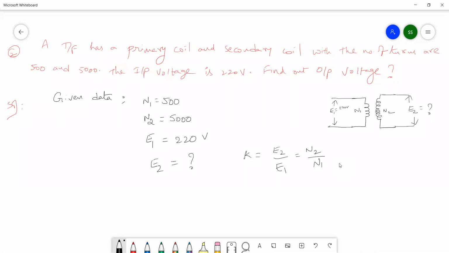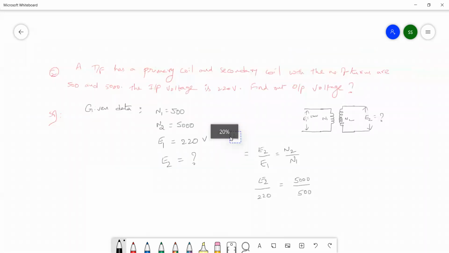What is E2? We don't know. E1 value 220. What is N2? 5000 and N1 500. So from this we can calculate the unknown parameter E2.